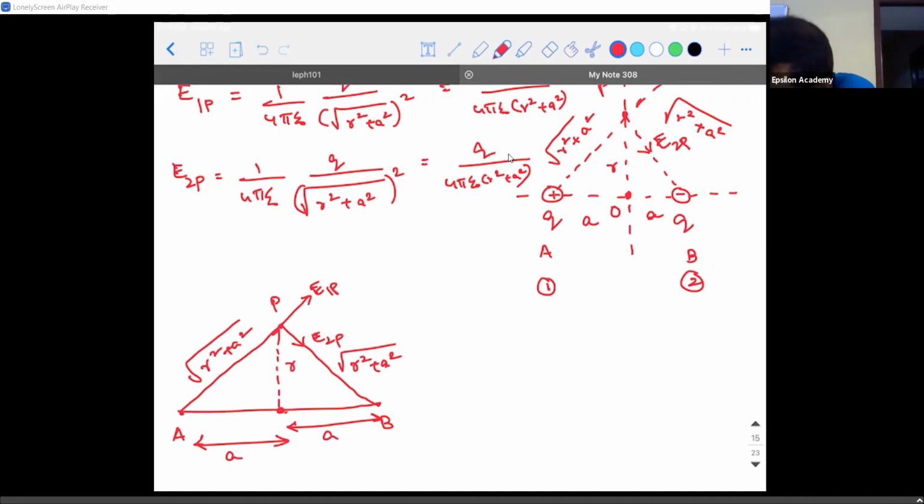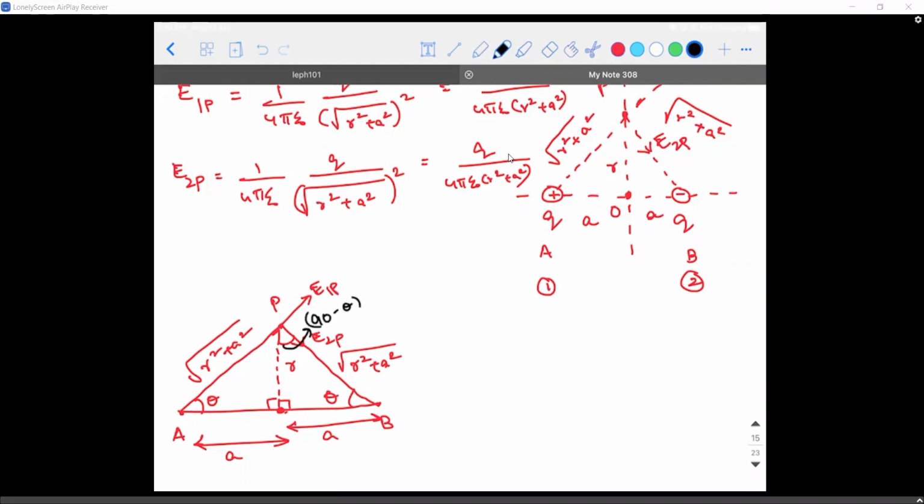If I take this as theta, then this will also be theta because it forms an isosceles triangle. So this is going to be 90 degrees. This is also 90. Then how much is this angle? It's not an equilateral triangle. This angle will be 90 minus theta. If this is theta, this is 90.